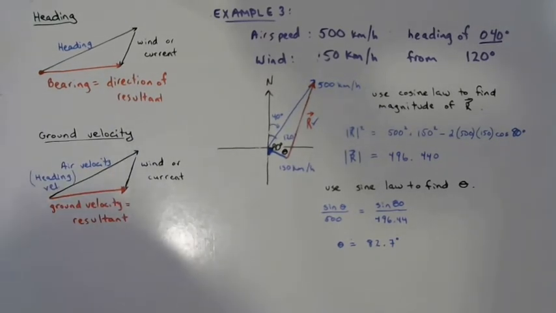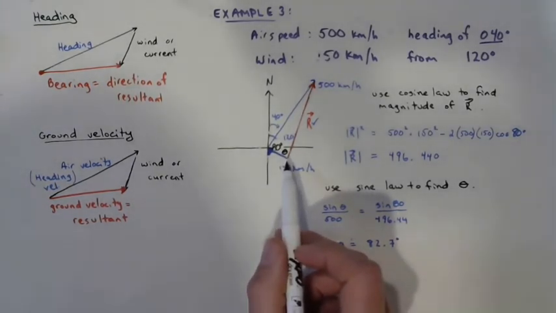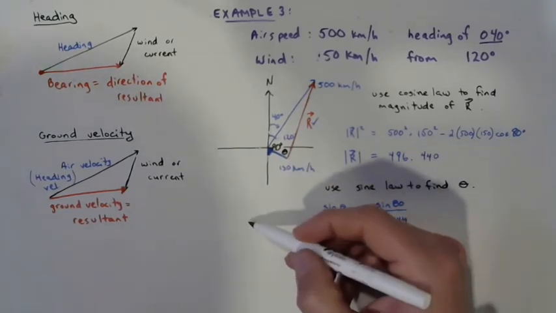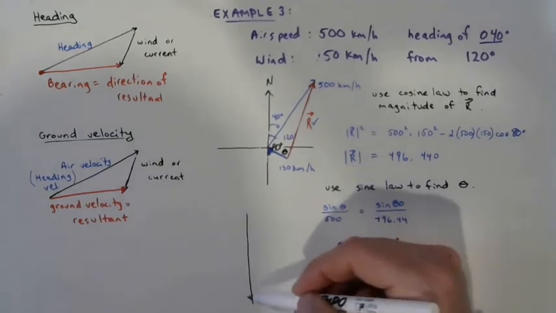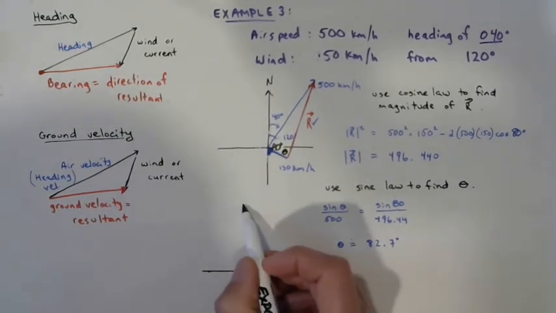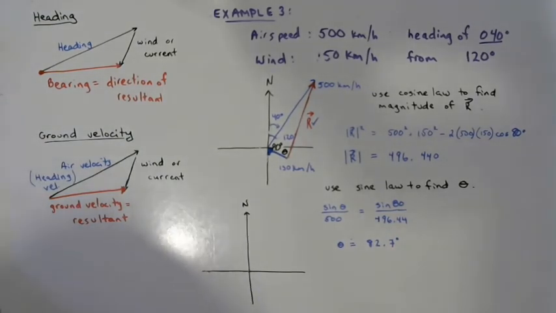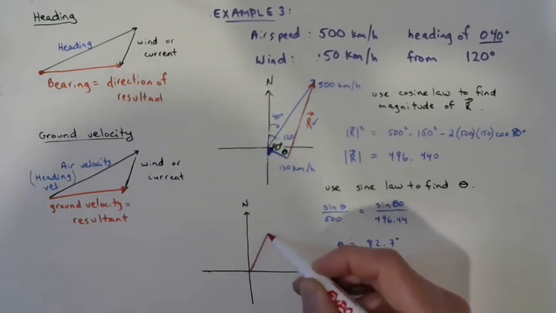At this point, I want to redraw my diagram so that I can have the origin right here at the tail of the resultant. It's going to give me a better opportunity to determine the bearing. Try and draw it as exactly the same as I can. And so we now have the resultant. It's going to be coming up like this.